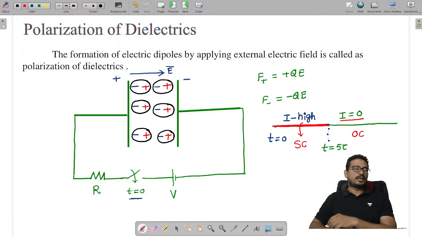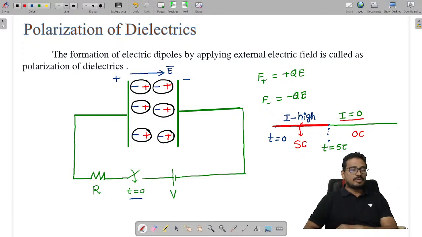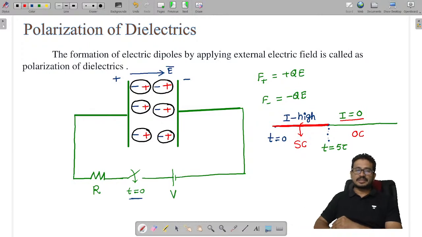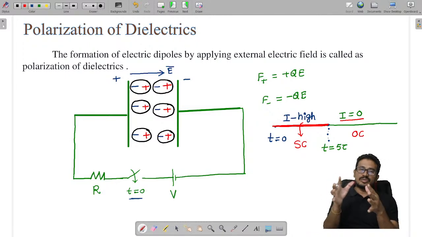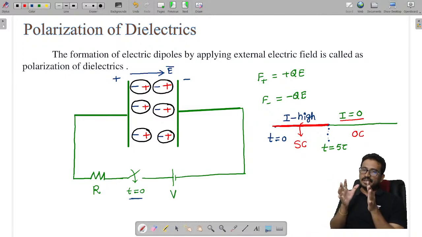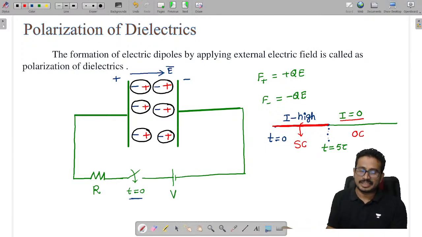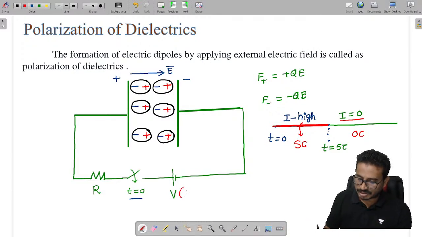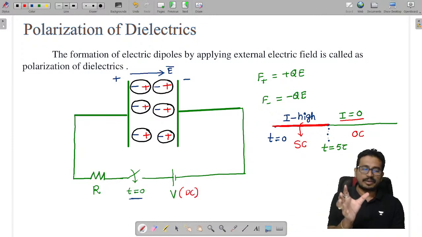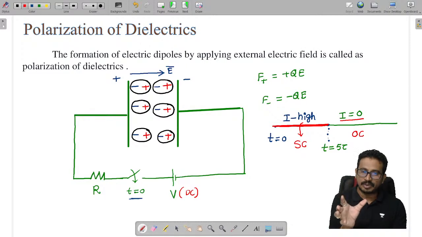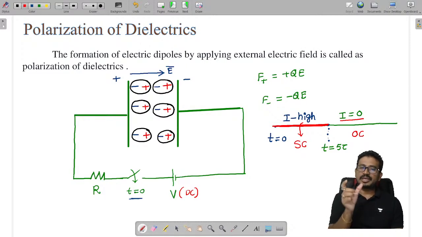Now, what did we discuss so far? The final conclusion is that there is a flow of current through the capacitor when we apply a DC supply, up to a certain time only, that is, until the formation of the dipole. How much time does the formation of the dipole take? 5 tau.